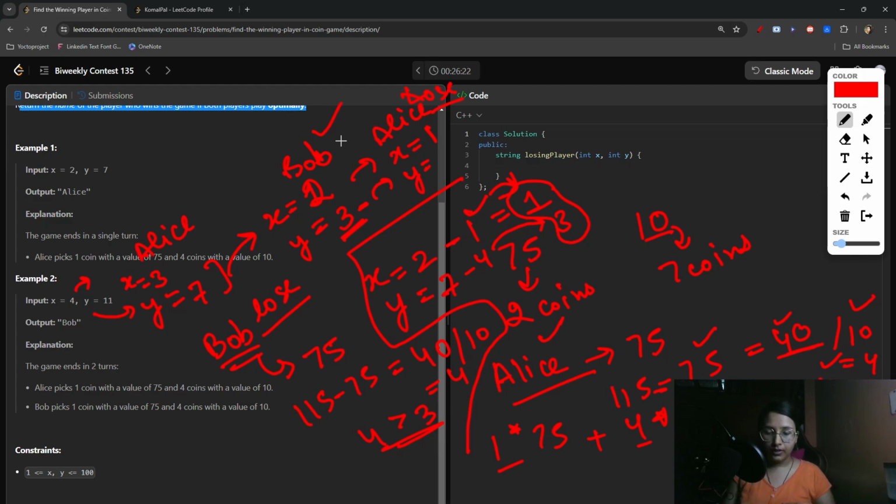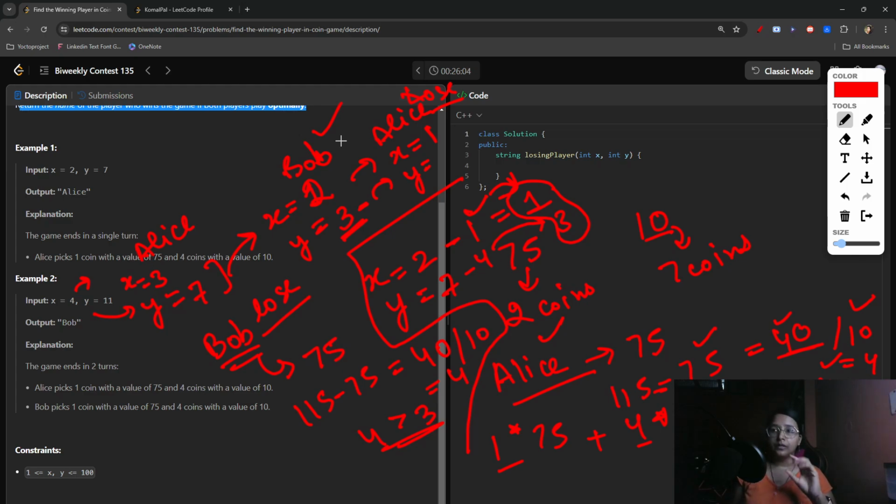If it is not, then we make that player lose the game, and the one who played before will win. So this is what we are required to implement in this particular question.